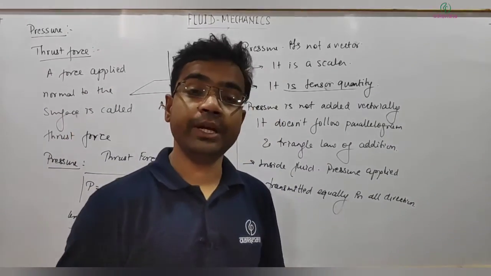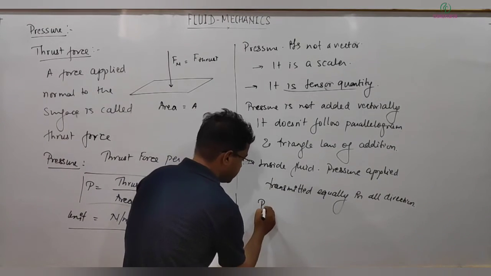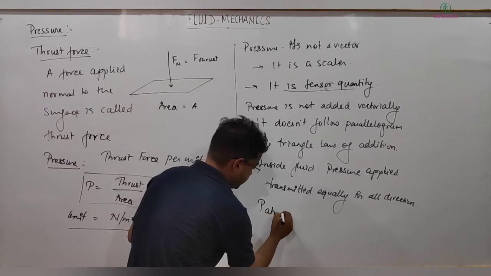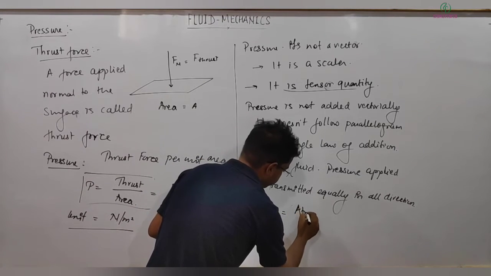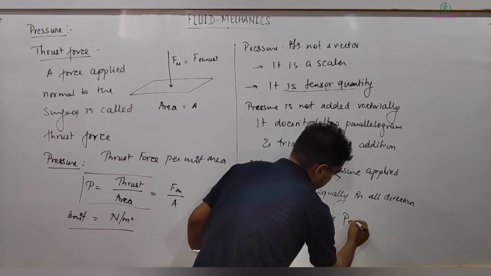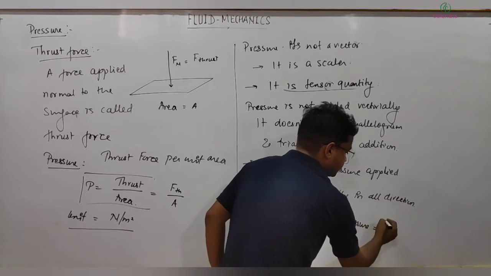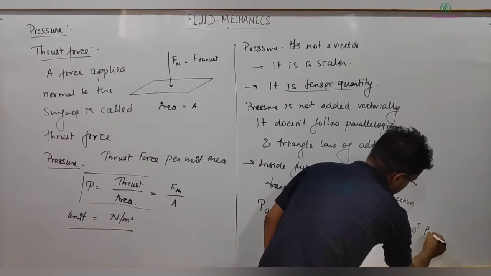Next, we know the atmospheric pressure. Atmospheric pressure, P atm, many of you might even remember its value: 1.013 into 10 to the power 5 Pascal.